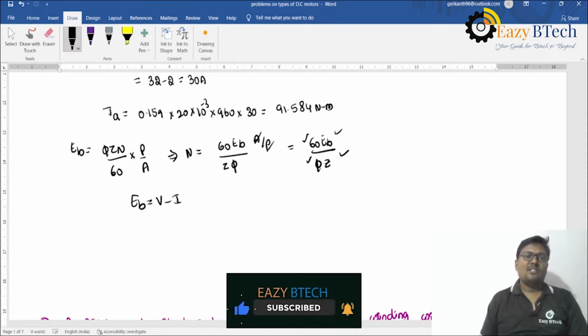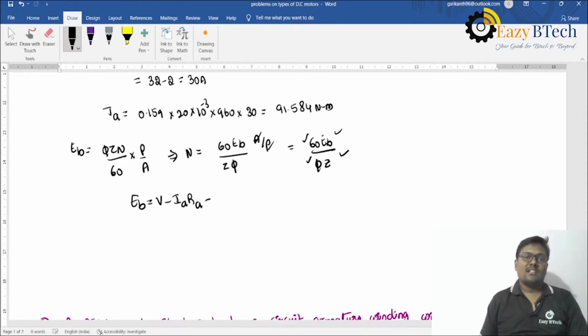EB is equal to V minus IA RA. V is 250 minus IA, which is 30, into the armature resistance 0.1, so that is 247 volts.